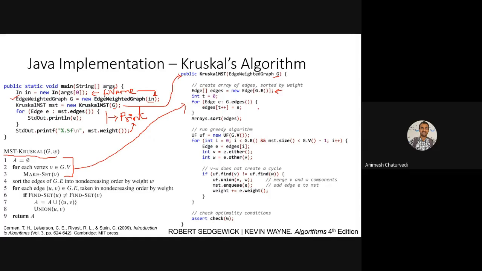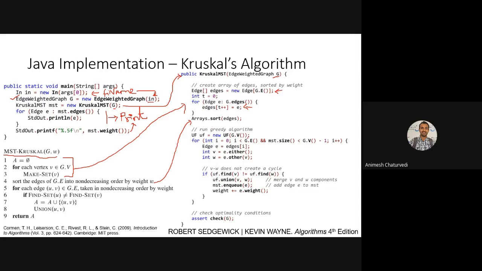So the number of edges was given in the whole file, and you create them according to that. After that, it does the sorting, so the sorting is done for the edges.